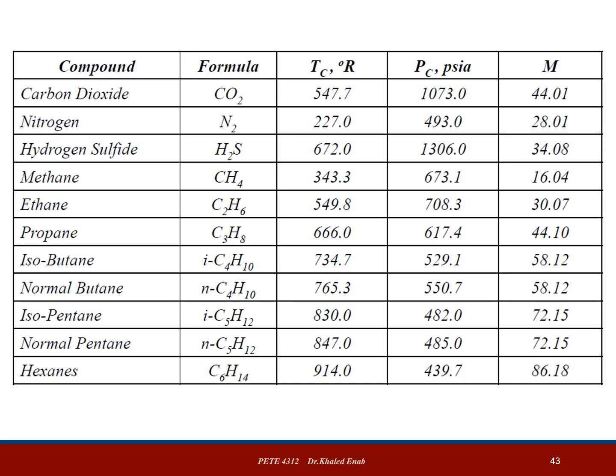It's in the book. If you need it for any composition, you can simply go back and check. Those are universal and well known. So the ethane that we did an example for a second ago, we used the molecular weight, which was 30.07 pounds per pound mole.